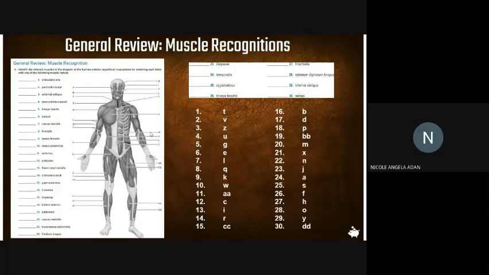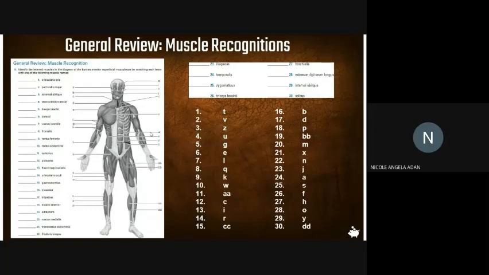Number 12, platysma, letter C. Flexor carpi radialis, letter I. Number 14, orbicularis oculi, R. Number 15, gastrocnemius, CC.